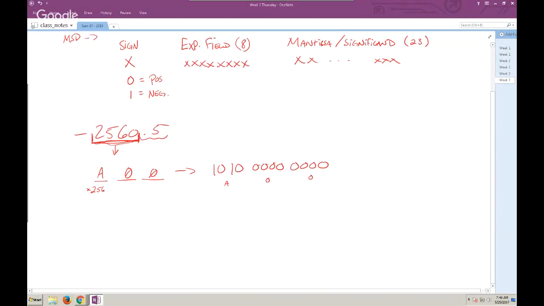Okay, so I have the absolute value of the floored equivalent of my number, i.e., I have just the whole integer positive version of my number. Now what? Yeah, we need a decimal portion in here, right? So even though a decimal point doesn't exist in binary, we need the concept of it. So we are going to put in a decimal point, okay? But how do I put 0.5 into binary?